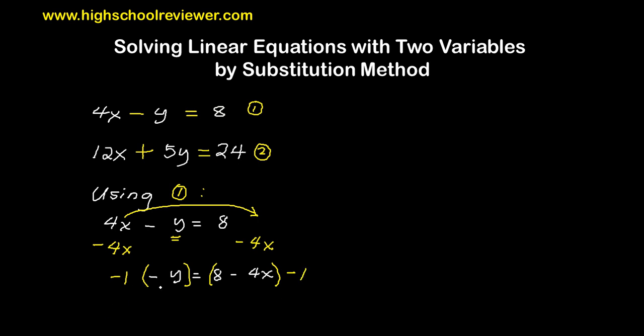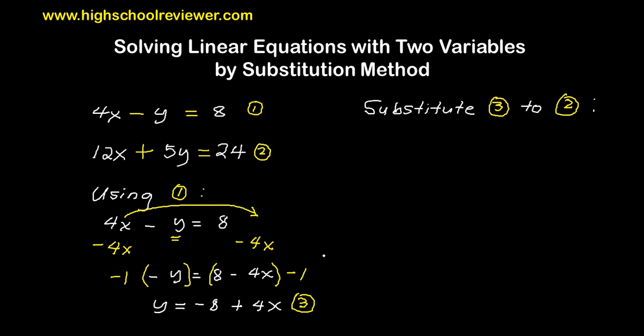Negative 1 multiplied by negative y will be positive y, and 8 multiplied by negative 1 will be negative 8, and negative 4x multiplied by negative 1 will be positive 4x. And we can now call this our equation 3.